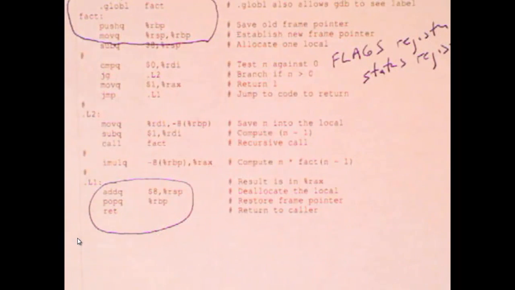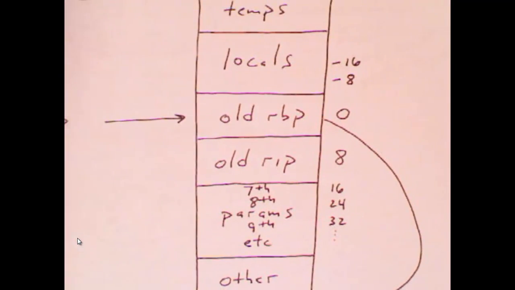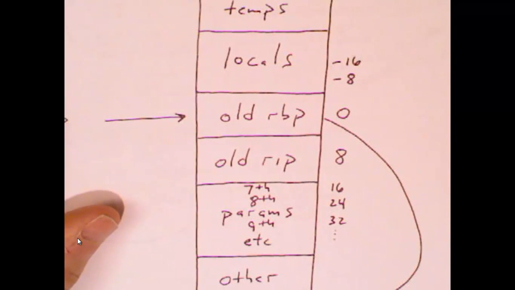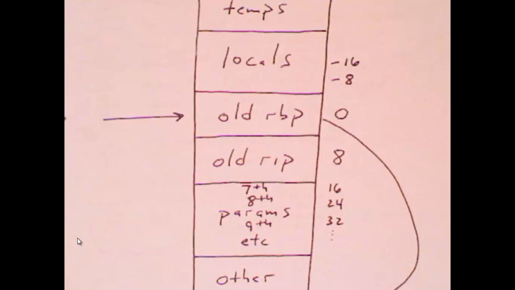Okay, so when we do a function call, go back to the diagram, right? I'm doing a function call. What am I doing? Maybe I'll draw another picture. Let's do a new picture here. Got to get a piece of paper. Right, I'm running along. Here's the top of stack, and now I want to do a function call.